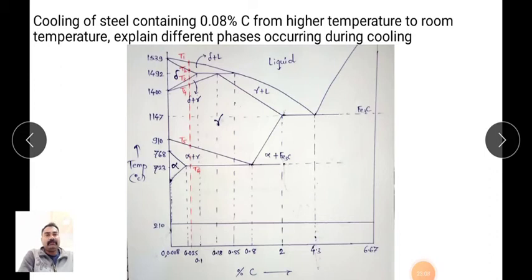And one more question arises here. Will the examiner ask every time for steel containing 0.08% carbon? No, they will just change the percentage of carbon from 0.025 up to 2% for steel. Suppose the question asks for 0.18%.